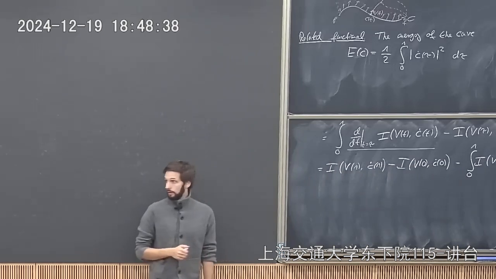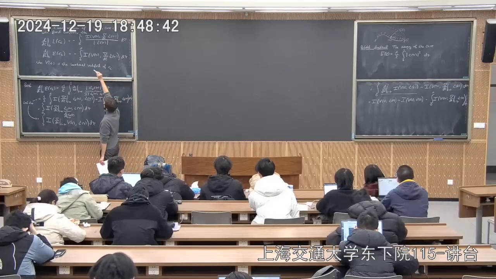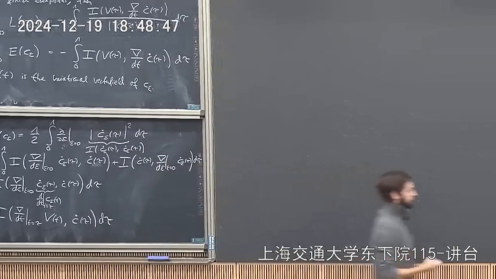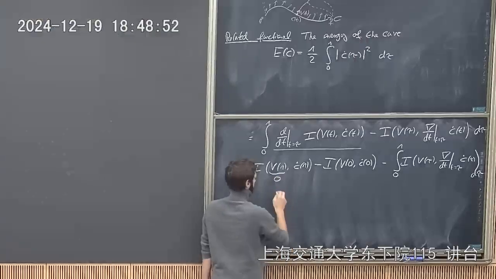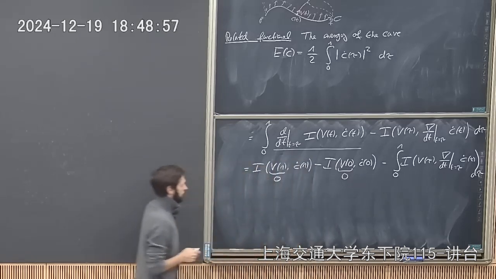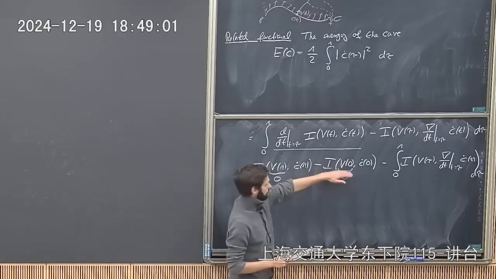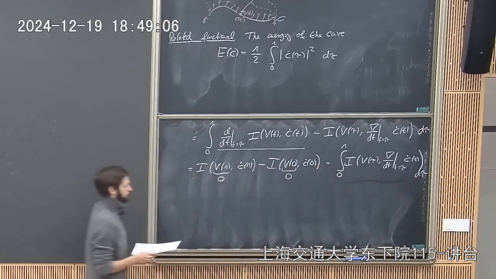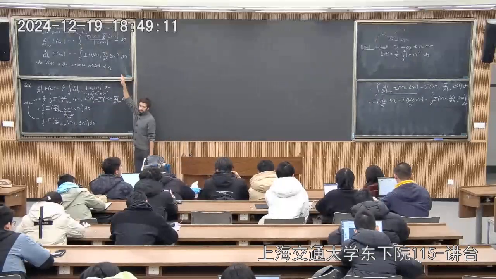So now we use the fact that in our proposition we said that C of epsilon has fixed endpoints. So that means that v at the endpoint 1 is 0 and v at 0 is also 0. So both terms vanish because of this assumption, and what we end up with is this integral, and that's exactly the claimed formula that we have over here.